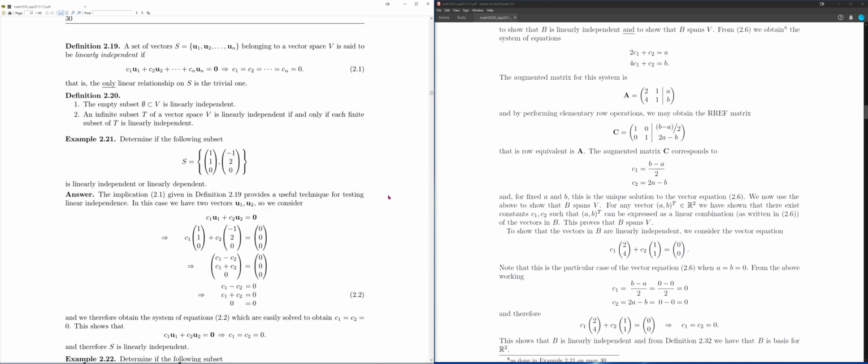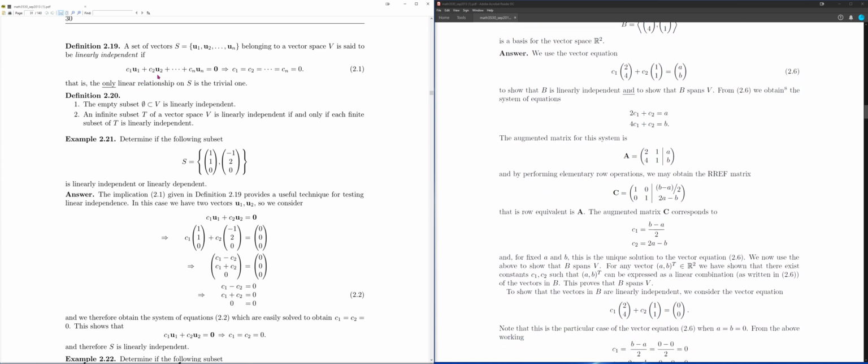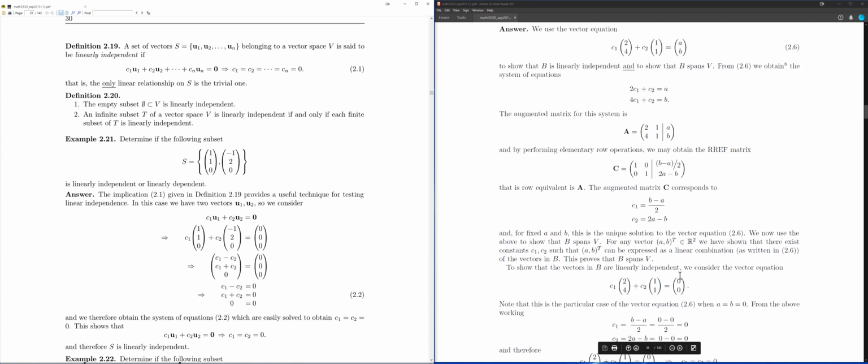So recall your definition of linear independence. If I want to show that the vectors (2, 4) and (1, 1) are linearly independent, I'm going to set up this vector equation where my right-hand side is equal to 0, with C1 times the first vector and C2 times the second vector, which is what I have over here. You look at this vector equation and you solve.